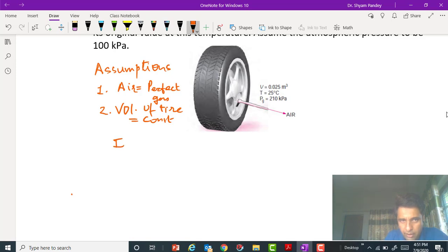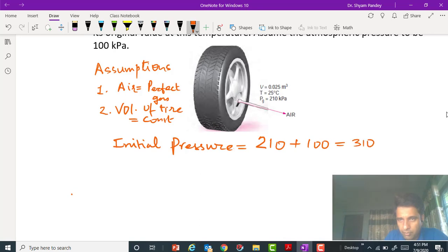So the initial pressure in the tire is nothing but the gauge pressure, which is mentioned as 210, and 100 kilopascal, that is your atmospheric pressure. So the summation of gauge pressure and atmospheric pressure.